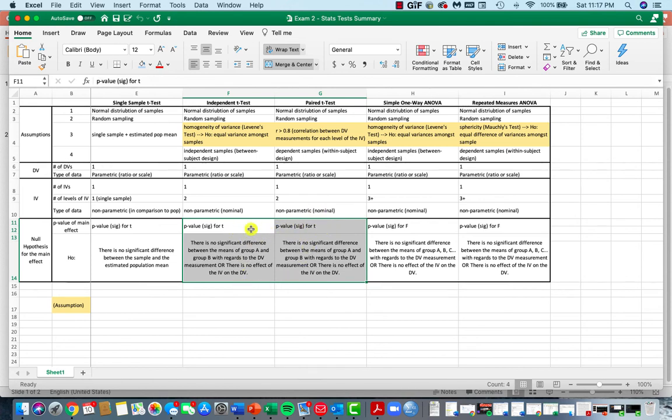So as far as the main effect, the null hypothesis is going to be paired with the p-value associated with t, right? We're going to get different p-values for the homogeneity of variance and the correlation coefficient for independent and paired t-tests.